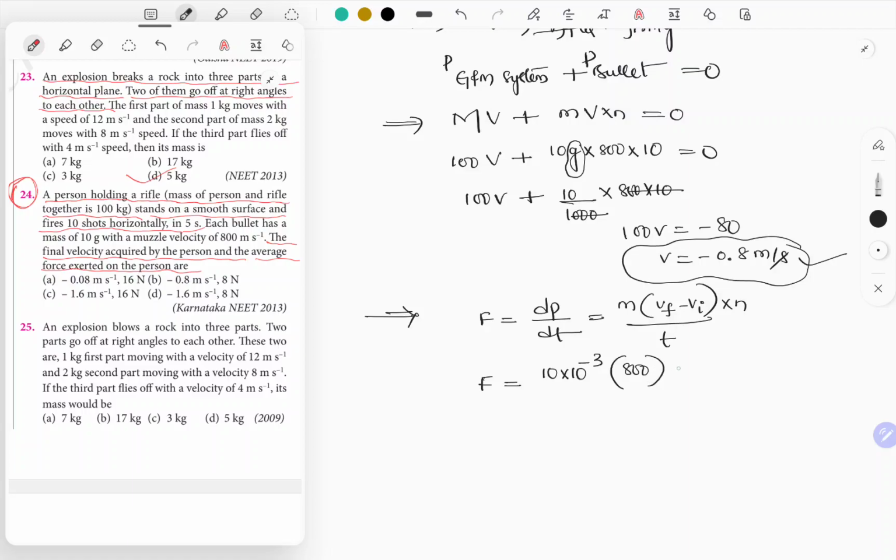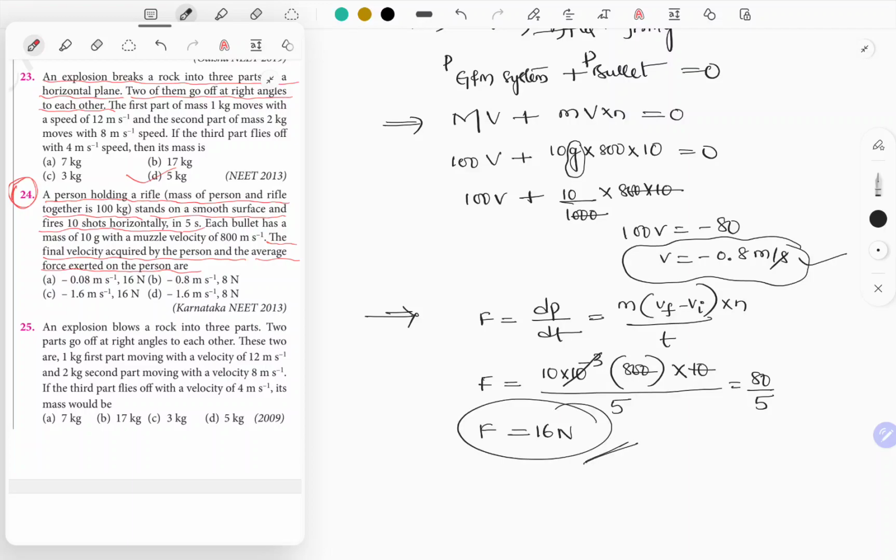Initial velocity is equal to 0, into the number of bullets which are coming out, which is equal to 10, divided by the time taken in this process, which is 5. So finally we are going to get F is equal to, so these zeros will get cancelled out. So it is going to be 80 by 5, which is equal to 16 newtons. This is the answer, the force exerted.